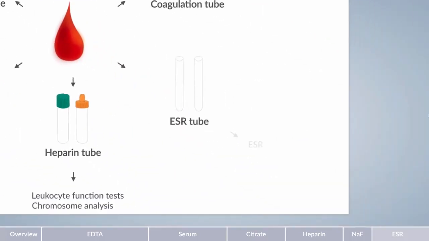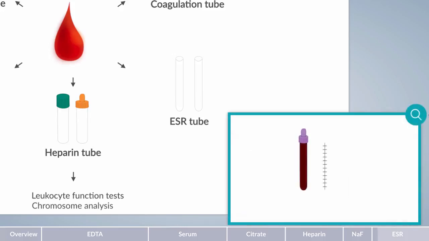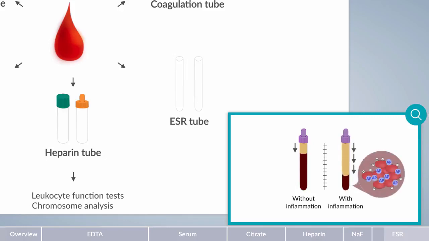Analysis of the erythrocyte sedimentation rate, in short ESR, can provide initial evidence of the presence of an inflammatory process. The collected blood is stored at room temperature for a certain period of time. During this time, a sediment of blood cells is formed. This occurs rapidly if acute phase proteins are increased in blood in response to inflammation.